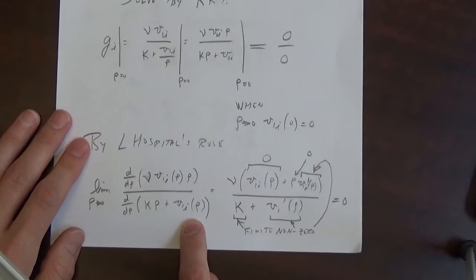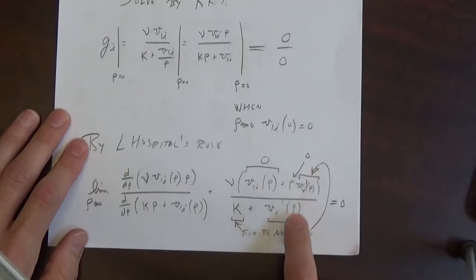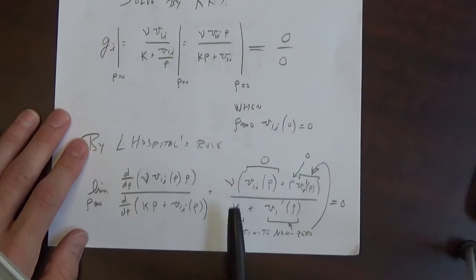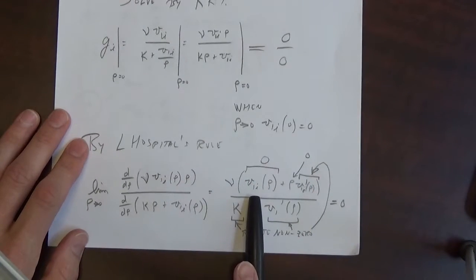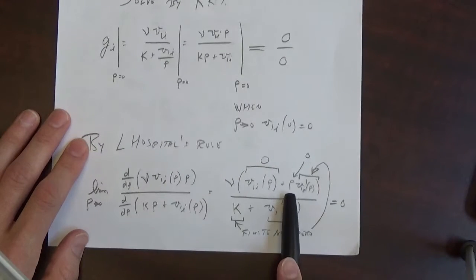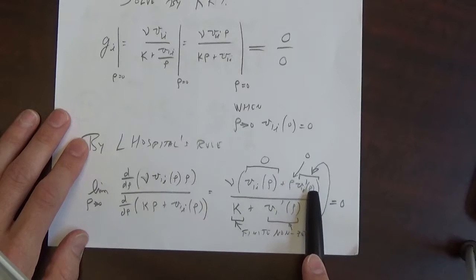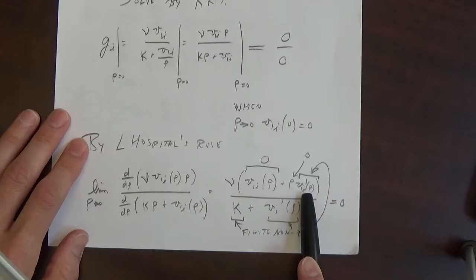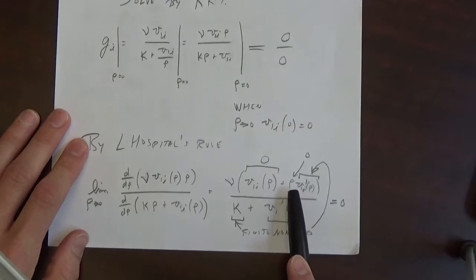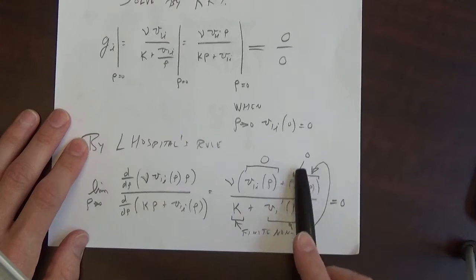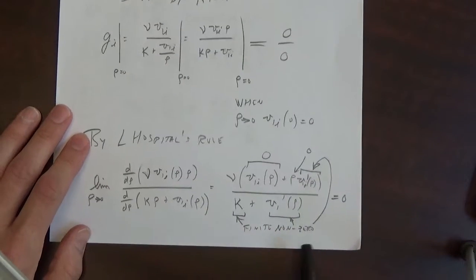And doing that, we get this solution in which we have nu. Here we have v1i rho at rho equals 0, which is 0. Here we get rho times this derivative, which is the derivative v1i prime, a finite value. It's not infinite, which means that the rho equals 0 in front of it makes this go to 0.